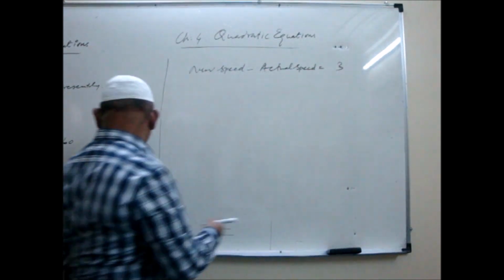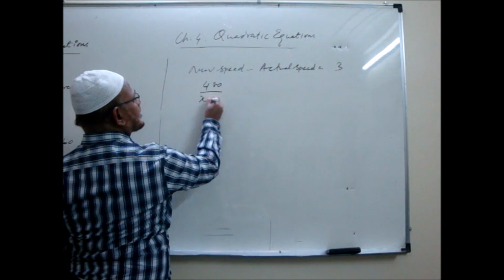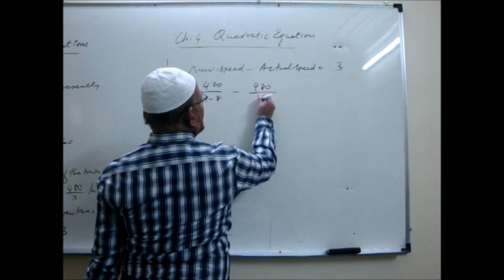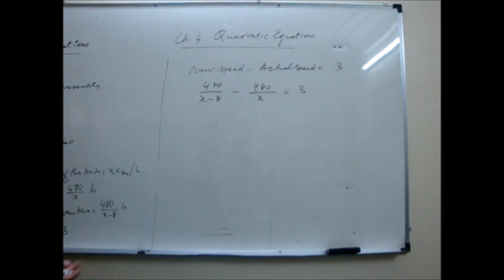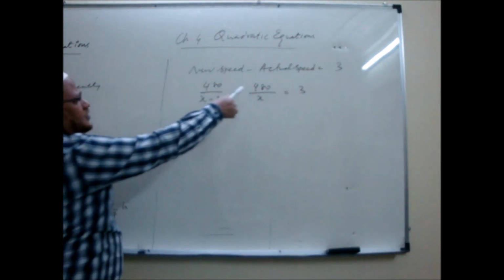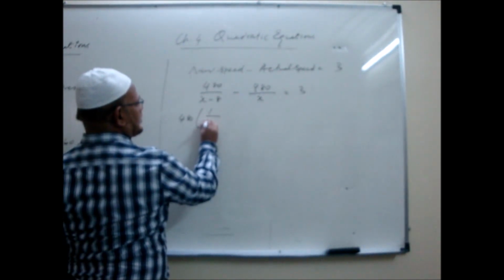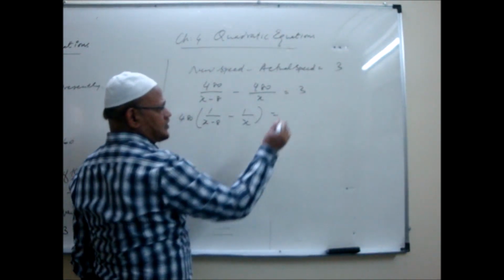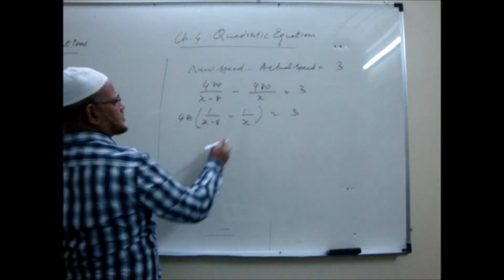So here it is 480 by X minus 8 minus 480 by X is equal to 3. Okay, now you simplify, frame the equation. Take the 480 out, and you can divide by 3 also. The equation will be simpler.